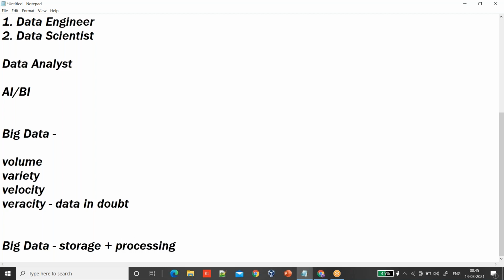First things first, you are getting this data, but at the end of the day you'll have to store it somewhere so that you can use it later. So storage comes first and then processing. What is processing? Any operation you do on data after its storage, be it reading, writing a query, or doing some analysis, all comes under processing.